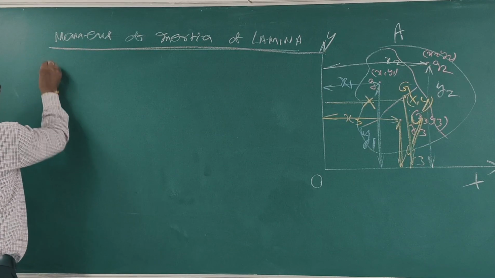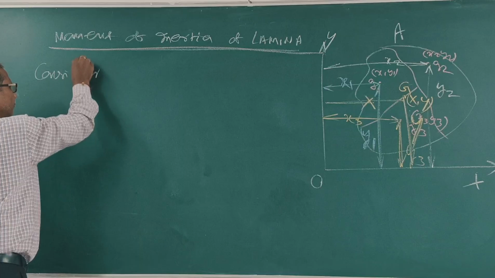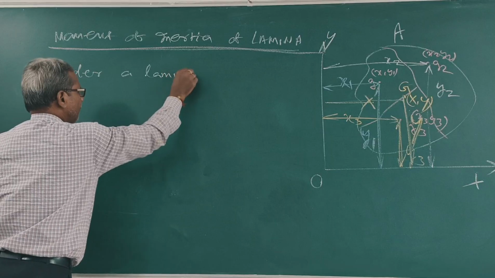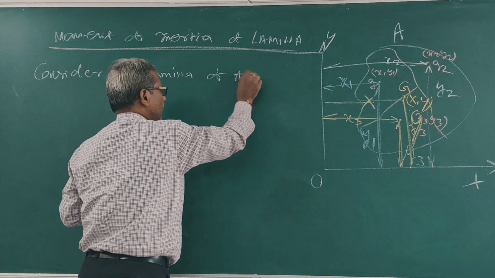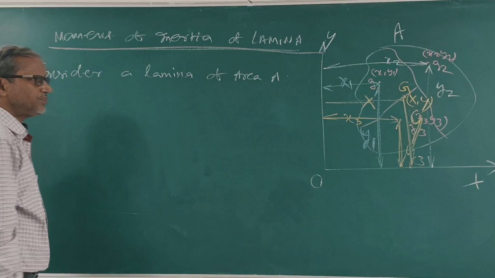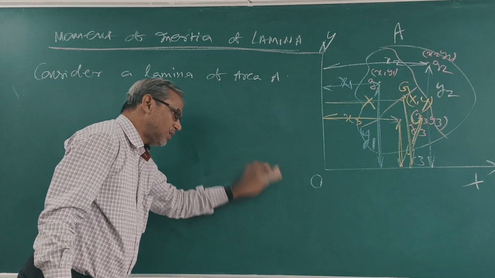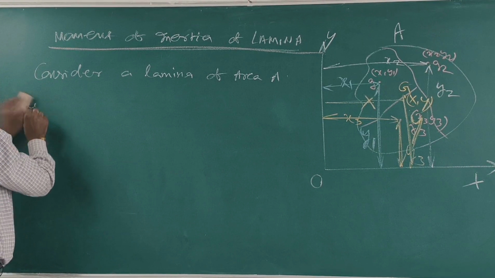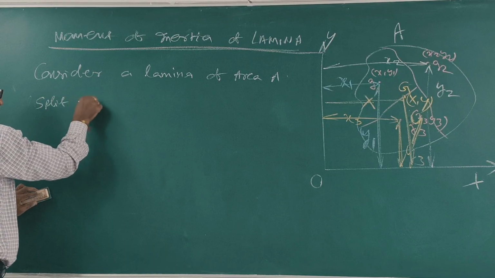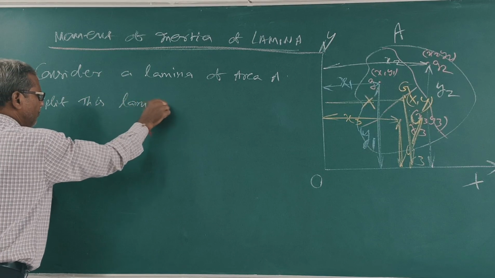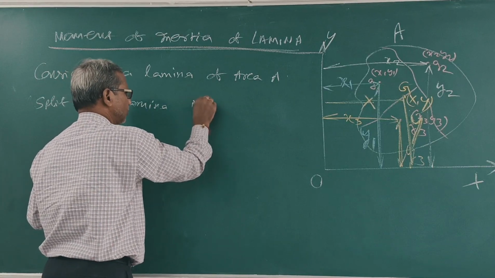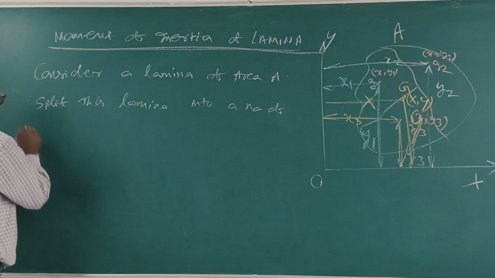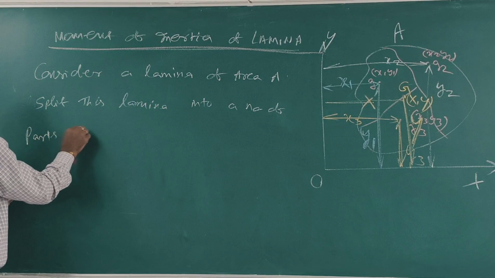Consider a lamina of area A. Split this lamina into a number of parts, that is 3 parts.